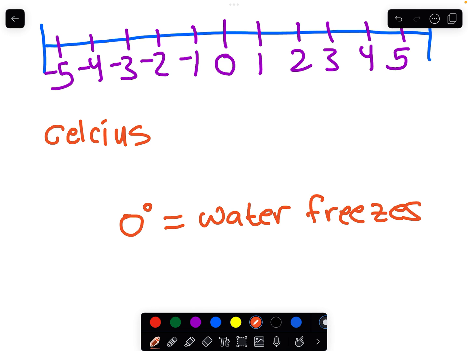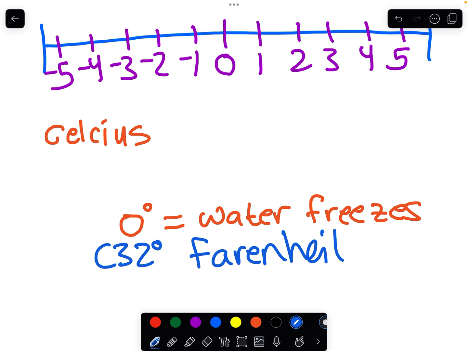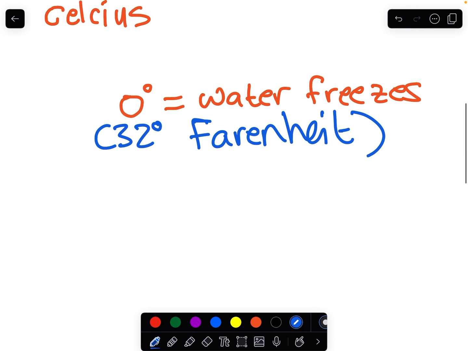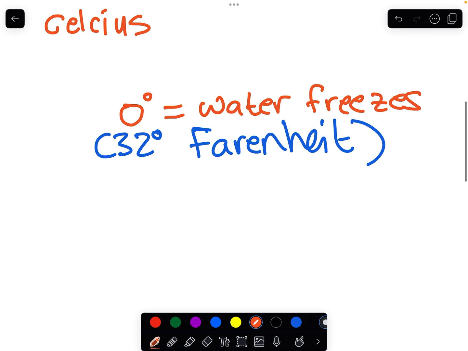The equivalent, by the way, is 32 degrees Fahrenheit, just to give you an idea. So if water freezes at 0 degrees, then one thing that's very helpful, if you live in a cold climate and you want to know what the temperature is like outside, is this. I'll draw a little thermostat here.